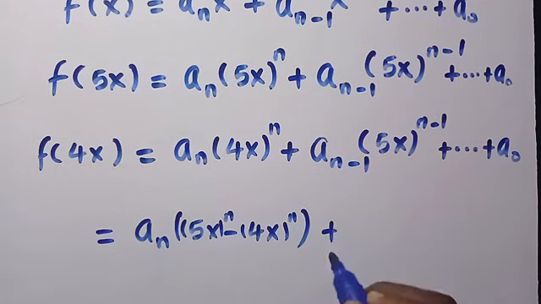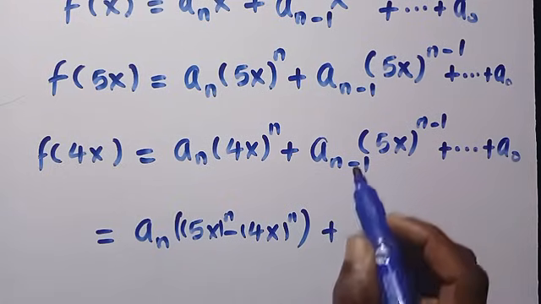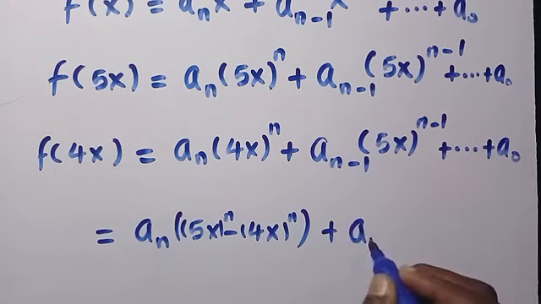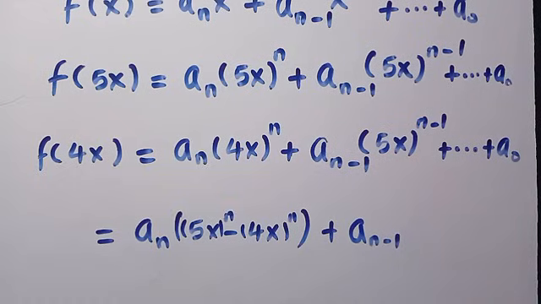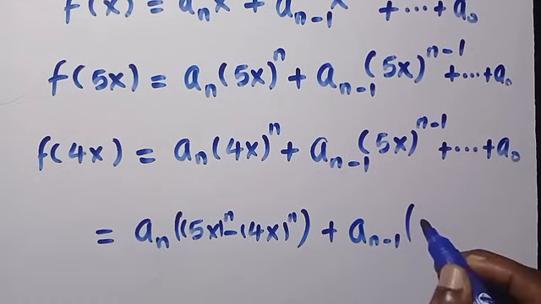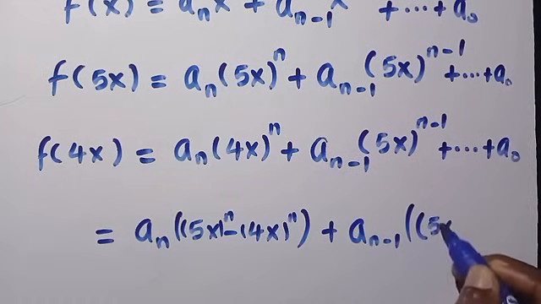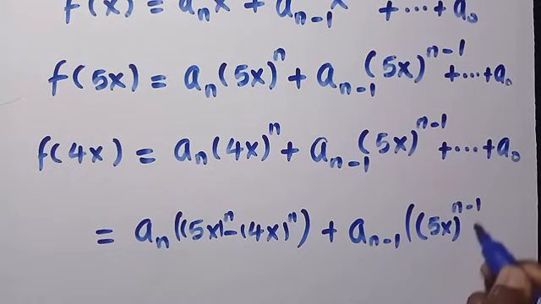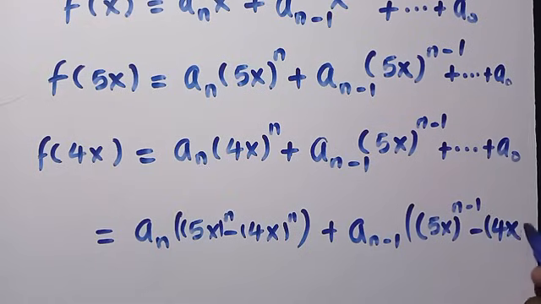Then plus, when we take out a_(n-1), in the bracket we have 5x raised to power of n minus 1 minus 4x, that one also raised to power of n minus 1.